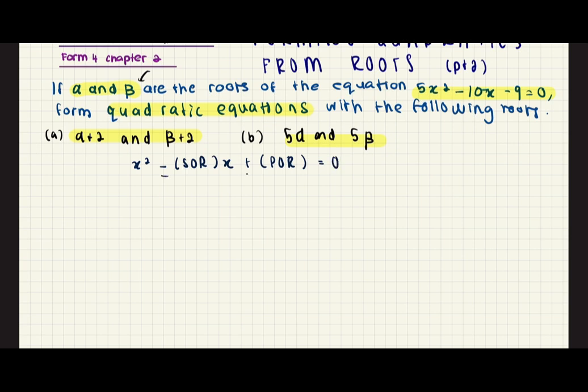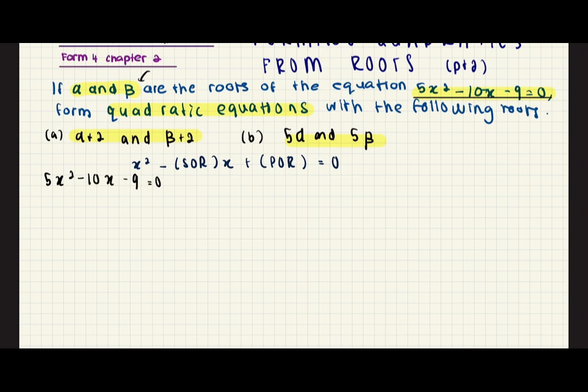Remember, it's minus and then plus. Now you are going to take the equation you've got, 5x squared minus 10x minus 9 equals to 0.